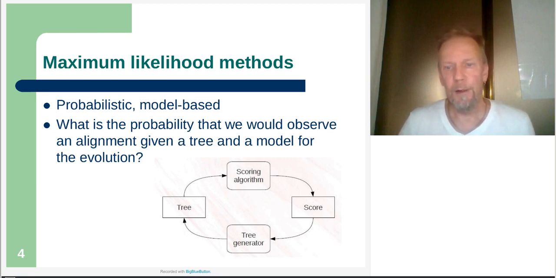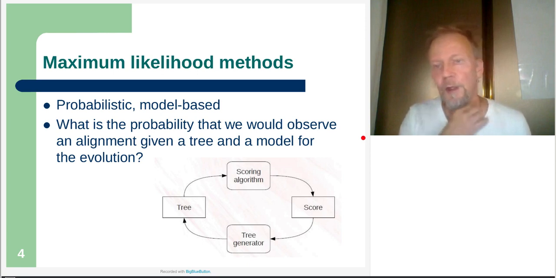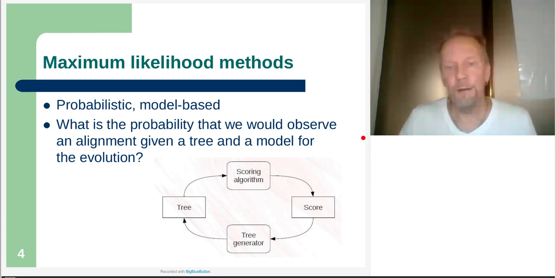And in maximum likelihood, the question is basically finding the best tree that would have the highest likelihood that we would observe an alignment given the tree and the model.